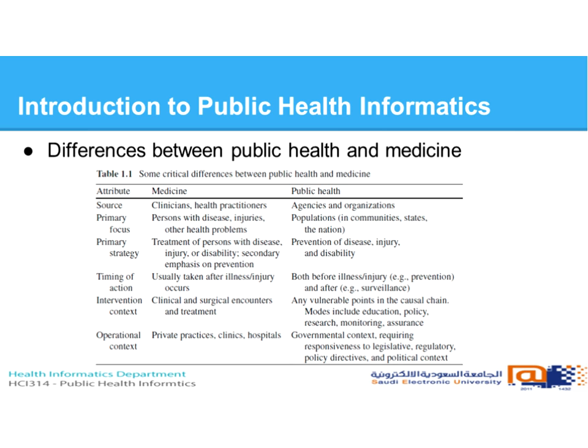The timing of the action is also very important. In public health, it's before the illness comes, that is the prevalence, or at the level of primordial prevention. Sometimes it happens while you do the surveillance, you prevent the disease. But in medicine, it's after the illness or the injury has developed, that is the treatment occurs in medicine. In public health, the interventions occur before the injury takes place.